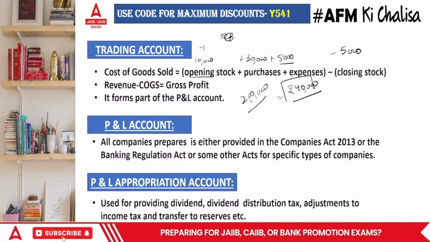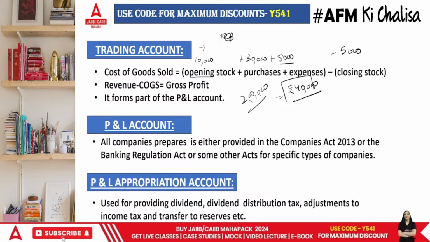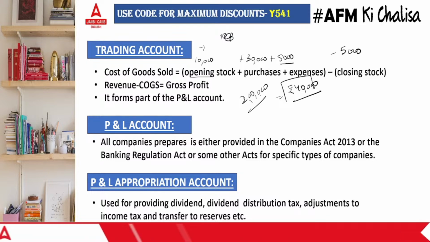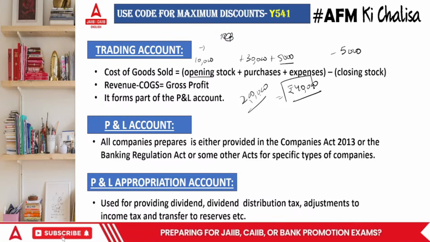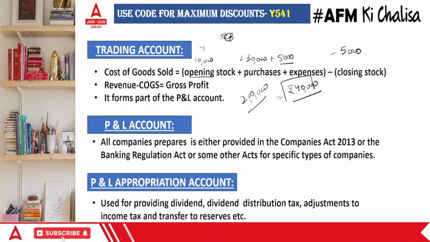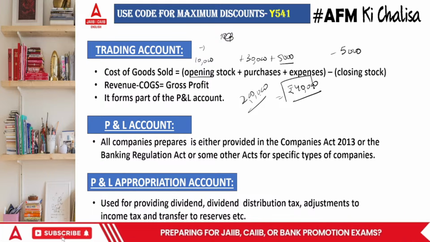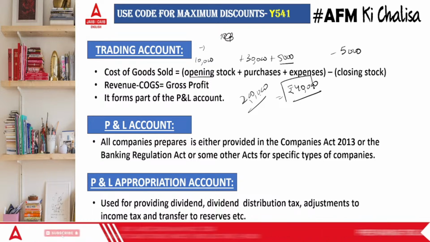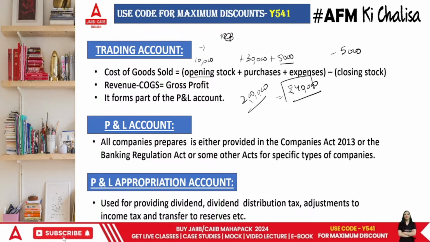Done, everyone? This is how we define your trading account, and then you are followed by profit and loss account. Profit and loss account records only the indirect expenses. Done, everyone?